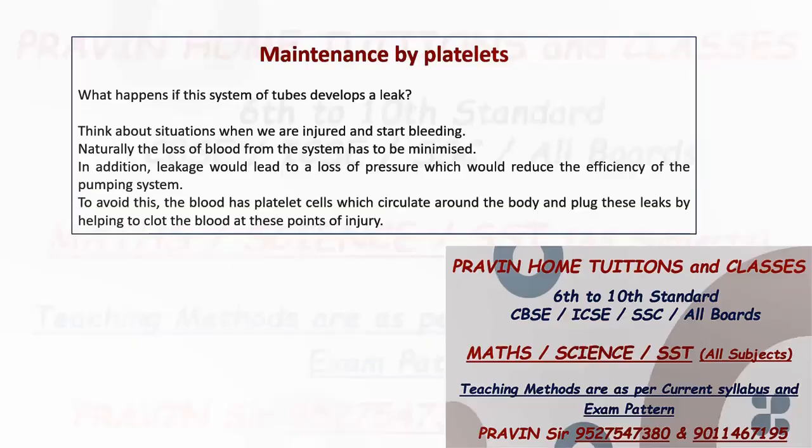So to avoid this, blood has platelet cells which circulate around the body, and these cells plug the leaks and clot the blood at the point of injury. So, in other words, the maintenance of this blood circulatory system of arteries and veins is done by platelet cells, and they are part of the blood itself.